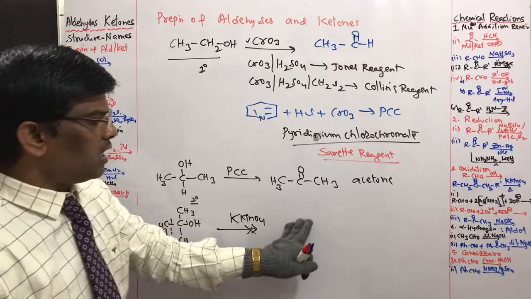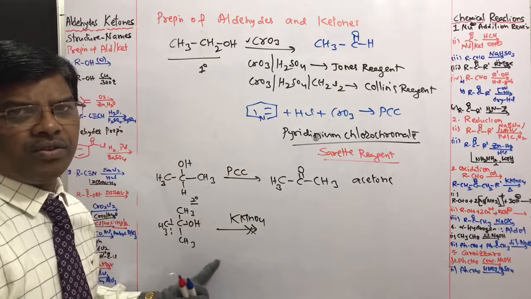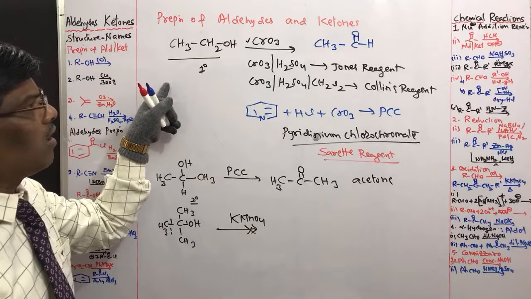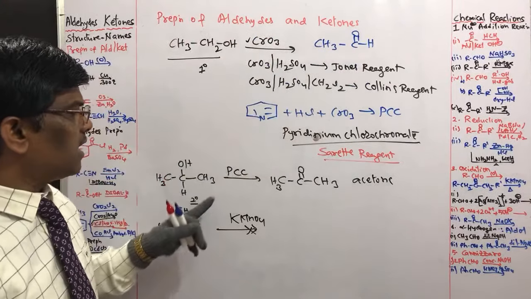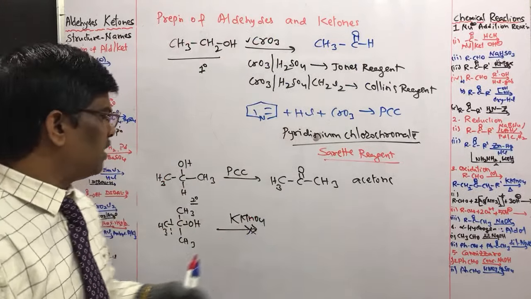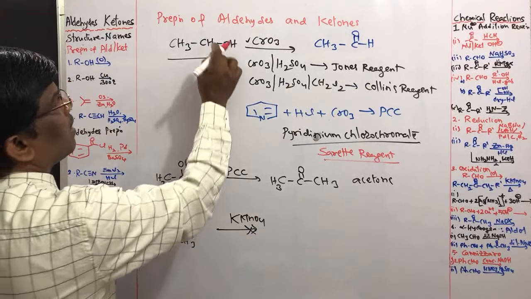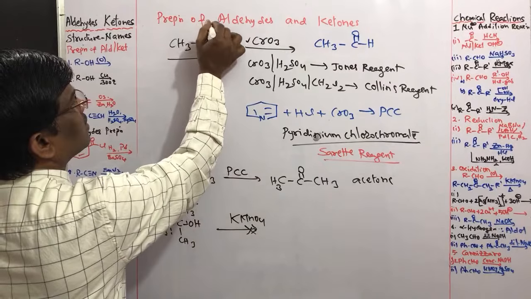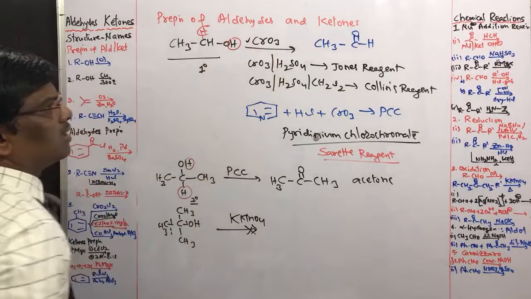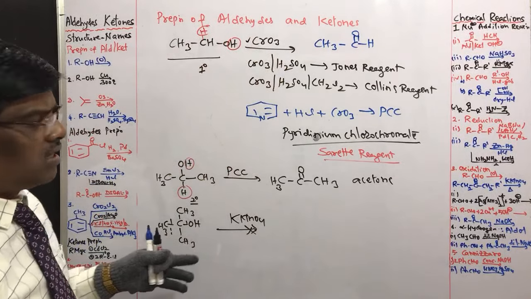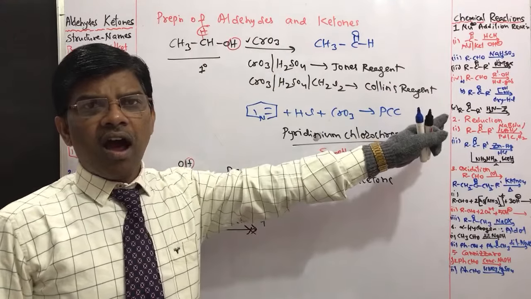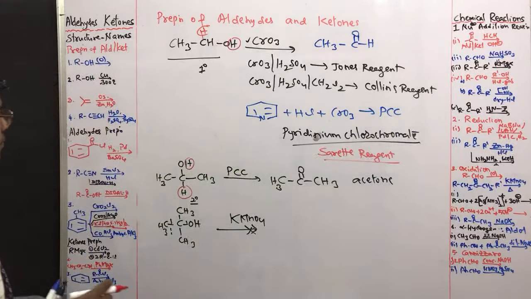So tertiary alcohols do not undergo simple oxidation, whereas primary alcohols give aldehydes and secondary alcohols give ketones. Dear students, it is very simple. Just remove hydrogen from here and here, so minus hydrogen, and you are going to get aldehydes or ketones.